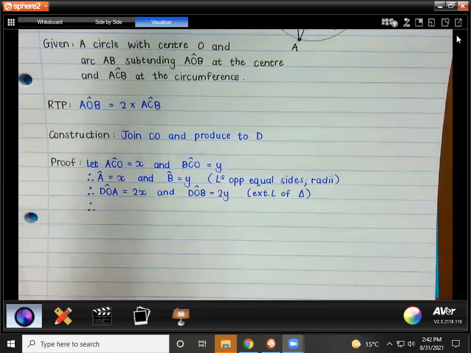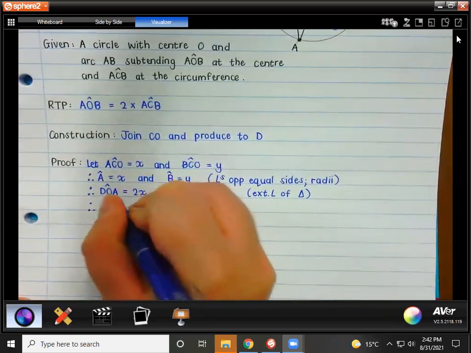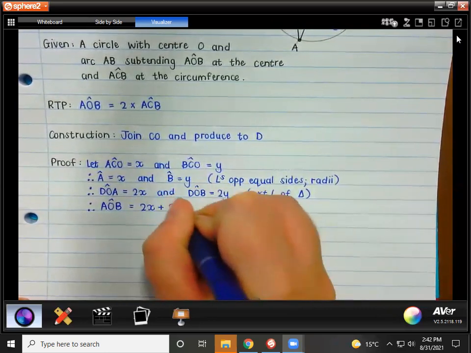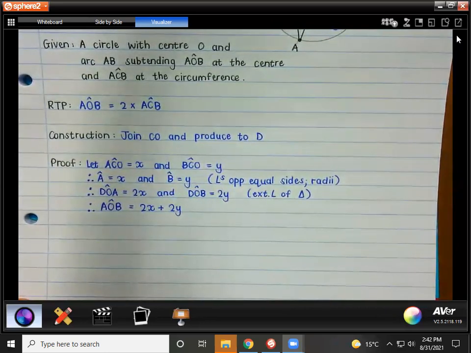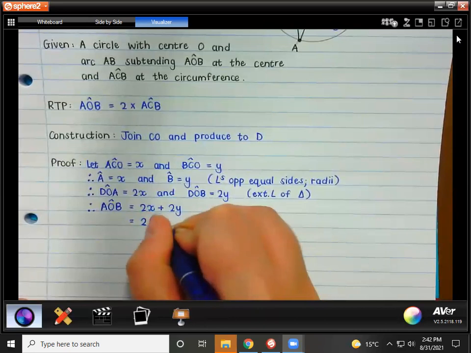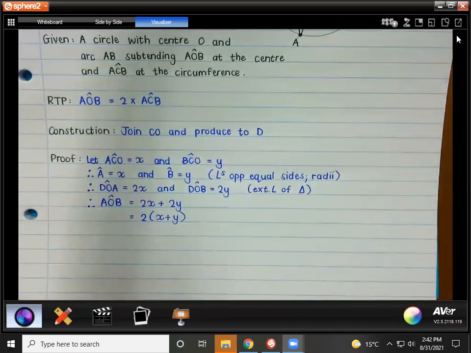Now I'm just going to wrap it up by saying that AOB is then 2x plus 2y, that whole angle at the center. And just to show nicely that it is double the one at the circumference, let's take out that 2 as a common factor and write it like that.